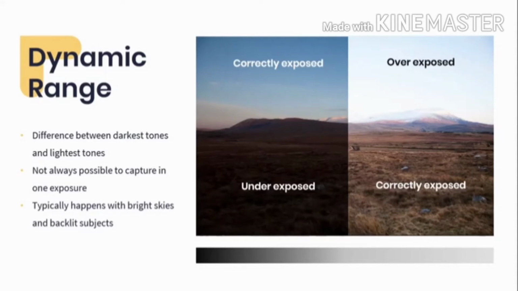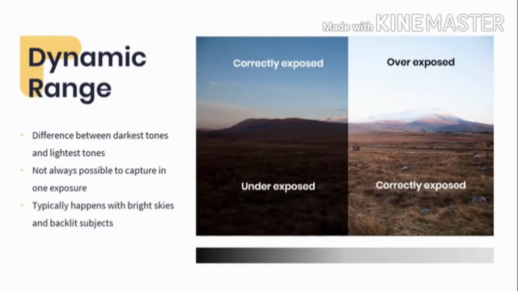And simply the difference between the two areas, the overexposure and the underexposure, is too great that I cannot get the correct exposure with my light meter set to 0. So if I underexpose the image to try to bring back the sky, I lose my foreground. If I overexpose it to bring back the foreground, I lose the sky. And I simply cannot get both extremes in one image.